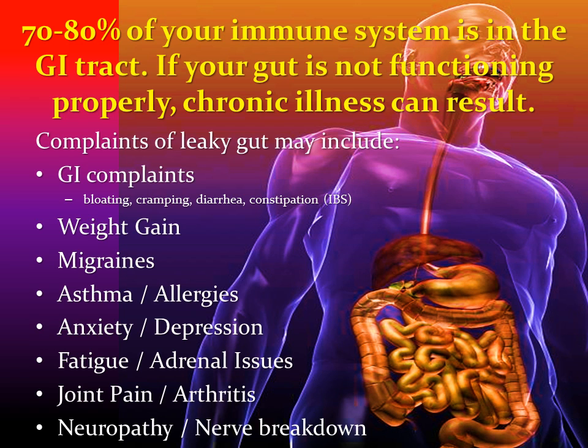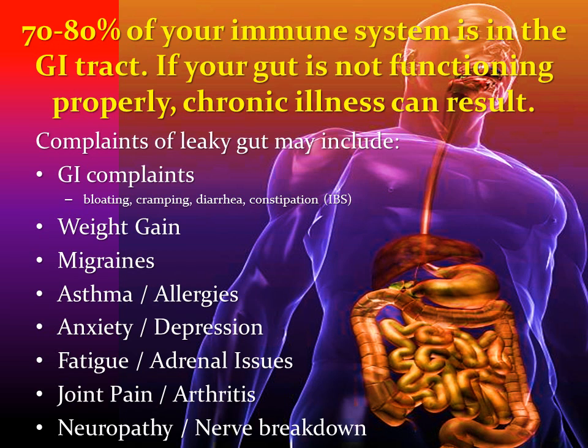Okay, so most of your immune system is in the GI tract, in the gut. So if something's not running appropriately within the gut, you can have all kinds of backlash within the whole rest of the body because one system will always affect other systems. The medical model is to look at this as if it operates in a vacuum and you've got your gut guy that just focuses on the gut. You actually have to consider that the nervous system's involved with the gut, the cardiovascular system's involved with the gut, and vice versa.